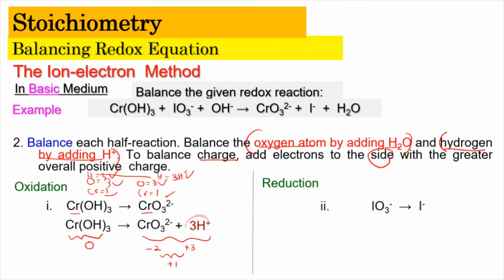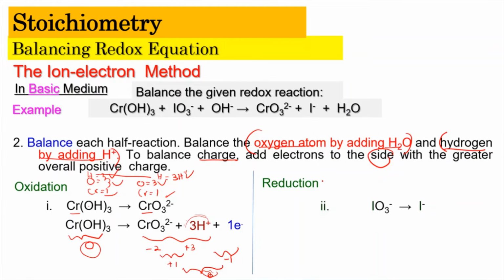So it is not balanced yet, and hence you need to add an electron to the side with the greater overall positive charge. So we need to add 1 electron, and hence the overall charge is going to be 0. So the left hand side and the right hand side have an equal charge.